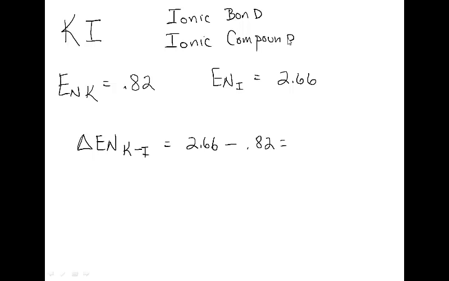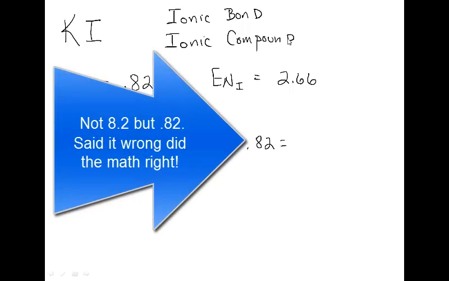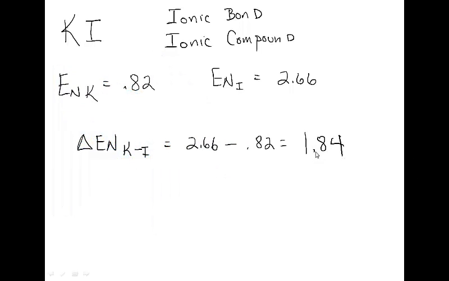If you're doing the difference in electronegativity, 2.66 minus 0.82 gives you 1.84, and based on the chart, a polar covalent bond is 0.5 to 1.9. Based on the chart, this is actually going to come under the category of a polar covalent bond. So there are definitely discrepancies when you start messing with the calculations of electronegativity differences.